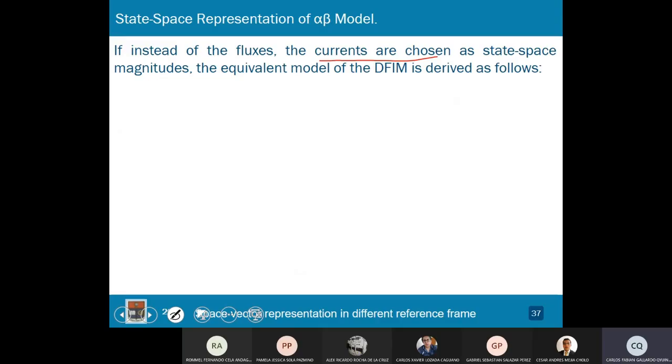Starting from the previous equation, I will have the stator voltage space vector equal to the stator resistance times the stator current space vector plus the derivative of the stator flux space vector.